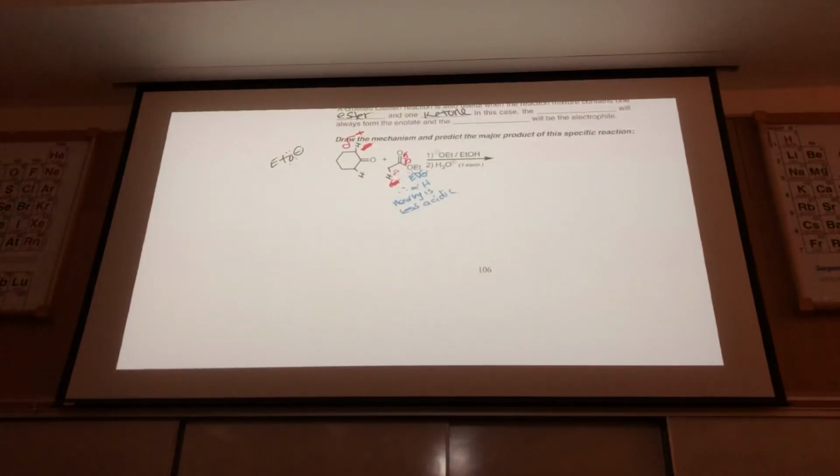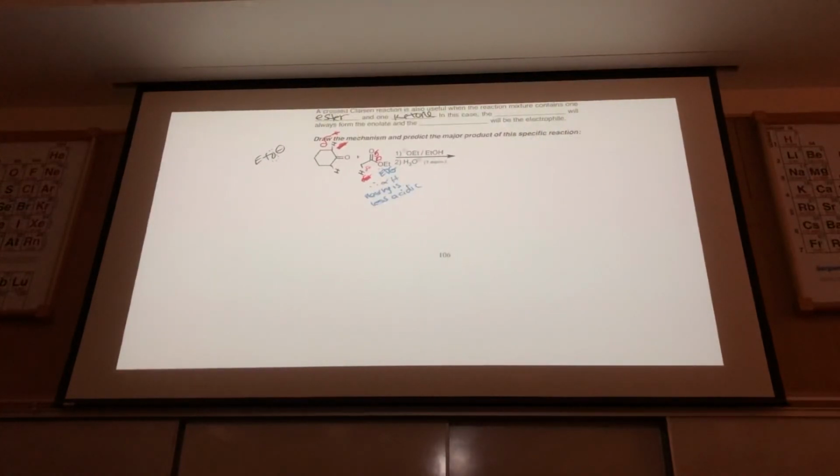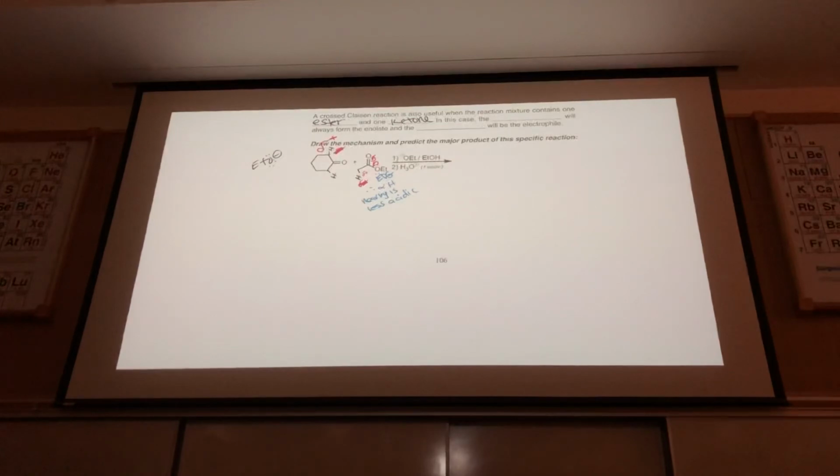That means our only enolate option is going to be, in this case, the ketone as the enolate, and the ester will be the electrophile. This is our electrophile, and this is our enolate.